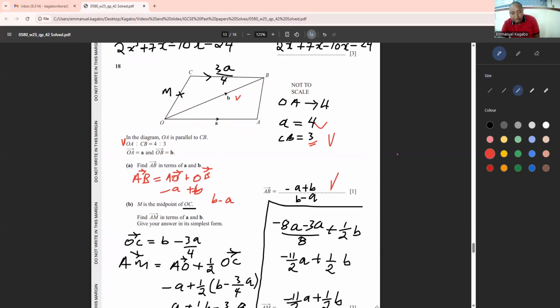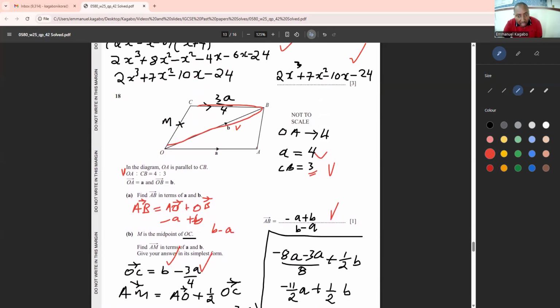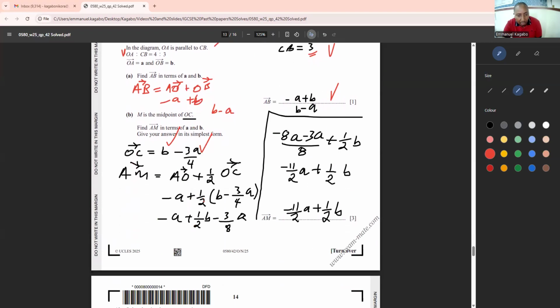So to get OC, it will be this plus that. So that's why you see I did this one minus that. Now AM: it's minus A plus that, which is half of that.